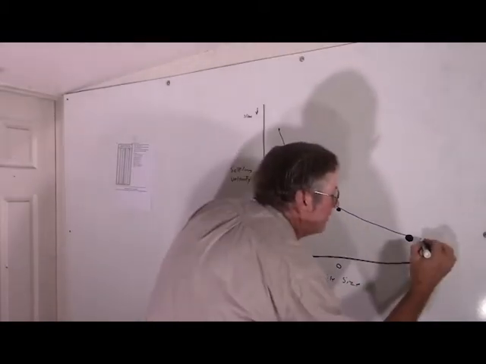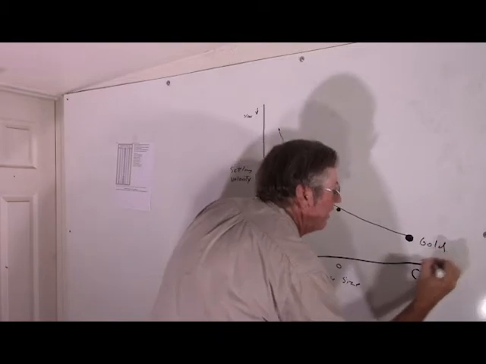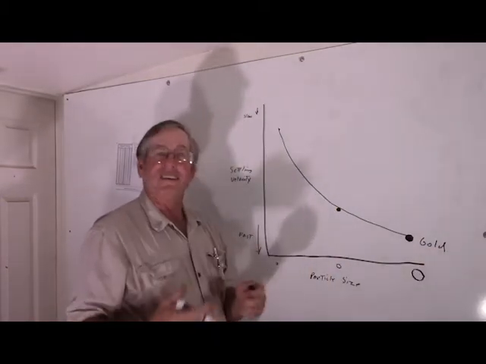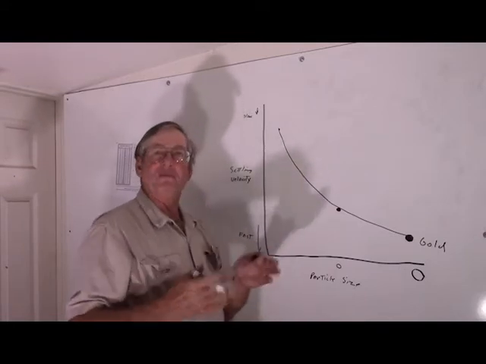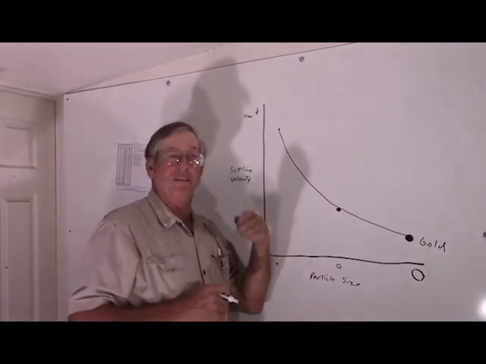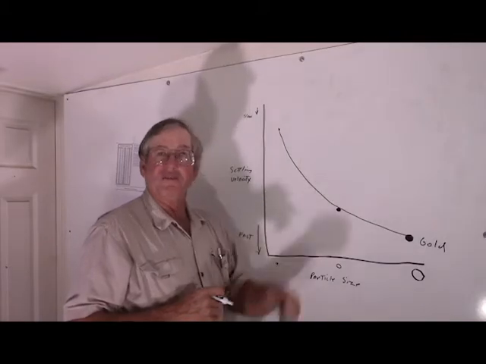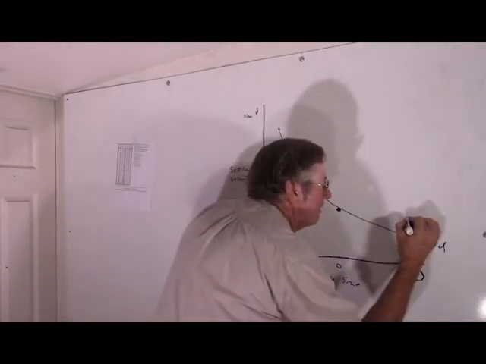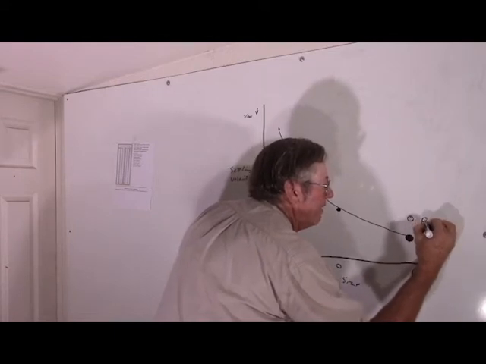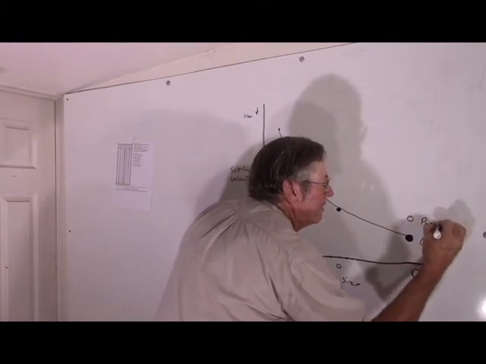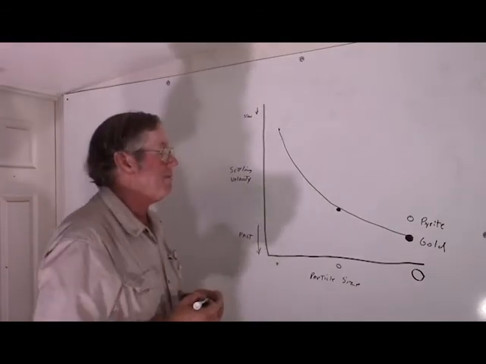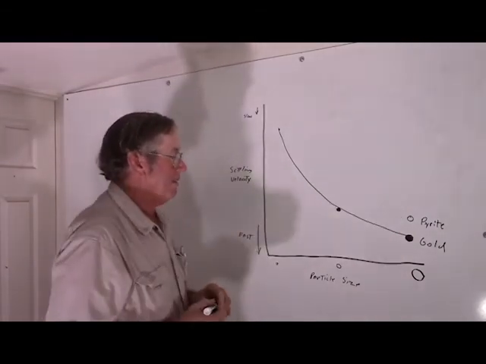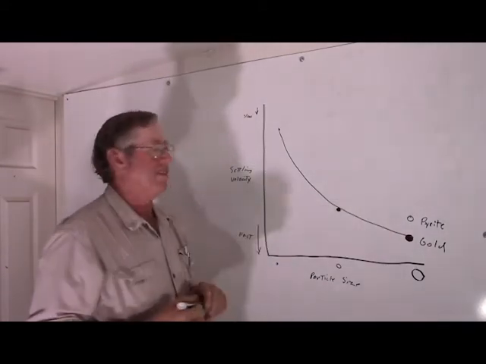Now, this is for gold. So let's suppose we now have pyrite or magnetites and black sands, whatever. We've got some other material of an intermediate density between the normal quartz and feldspar and gold. I'm going to call it pyrite, because I deal with hard rock and you're more likely to have pyrite. Now, a same size pyrite particle will settle slower than a gold particle.